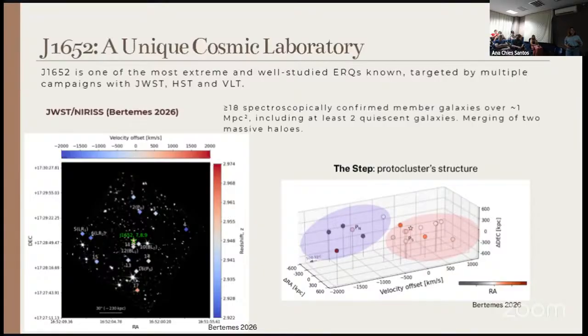Here's the position of these companion galaxies, and when we plot the position in 3D, we can see we have two structures almost colliding. So we can name this proto-cluster structure the STEP proto-cluster.